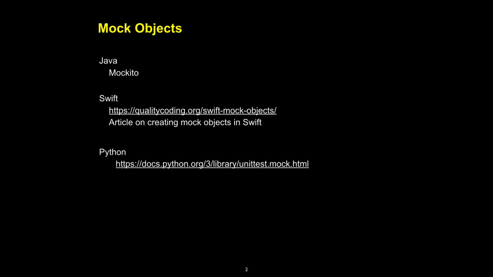One that comes to mind is in Swift, where I create a URL connection object and say, here's my URL, give me the contents. In Swift, we could create an object which has the same interface as URL connection.